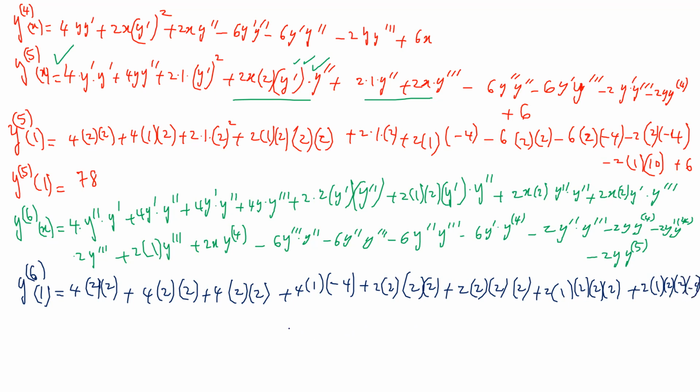What is y? It is minus 4. Minus 4 y triple prime, plus 2. This is minus 4, the triple prime. 2 into the triple prime is minus 4. x is 1. The quadruple prime is what? It is 10.